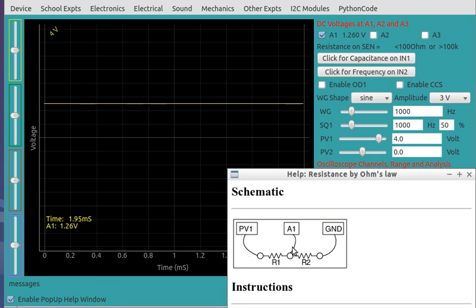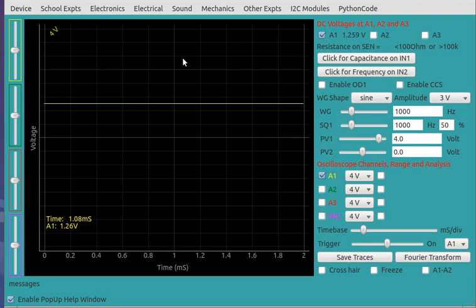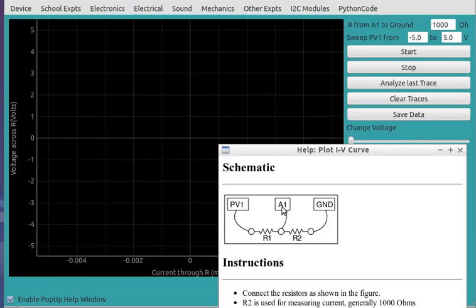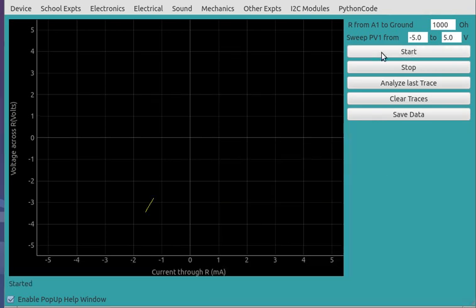And if you want to plot this voltage-current relationship across R1, we can choose, from say electrical, the IV curve. So again the same connections, and we can just plot the graph.